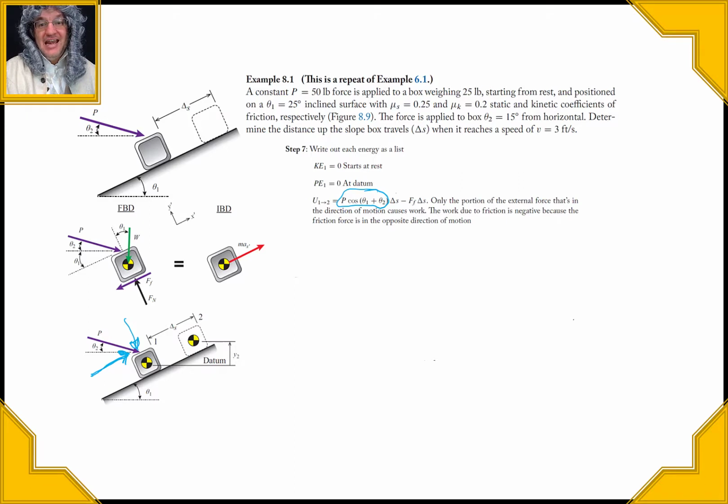But now we have a negative right here. So why is that a negative? Well, we could think of it in two different ways. One is the friction robs energy from the system, right? We could also say that the friction force is in the opposite direction. Remember that we were taking the integral of the dot product of the force and the displacement, or the motion, dotted against each other.